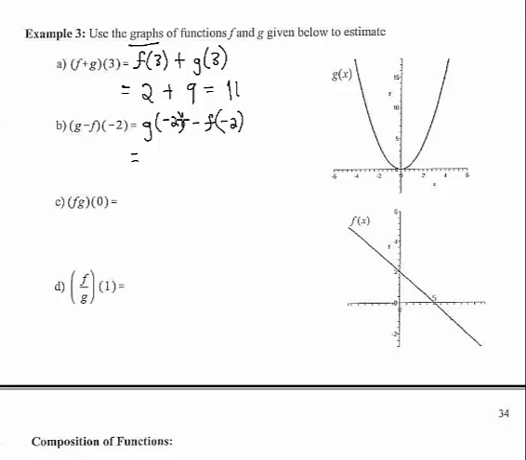We have an input of negative 2, so I locate negative 2 on my x-axis. I track my way up to the curve and then across to the y-axis, and I read the y coordinate 1, 2, 3. I'm going to say g of negative 2 is 3.5.